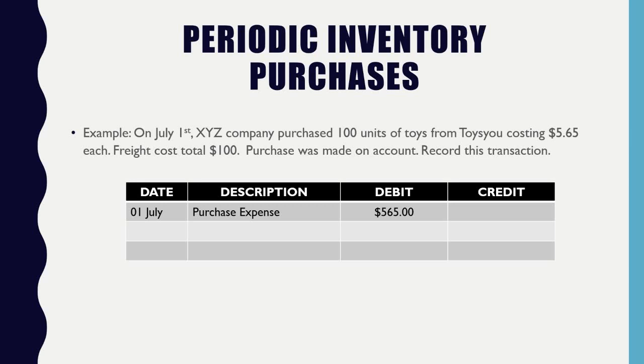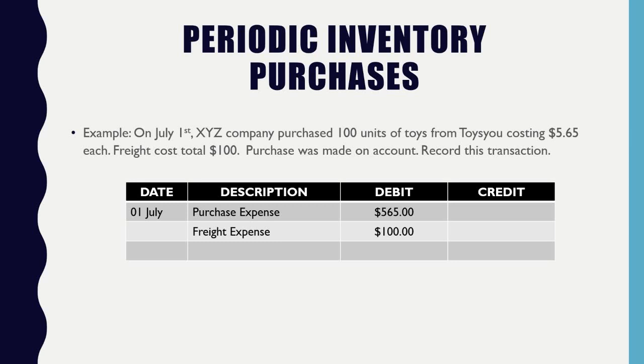So in this case, I can't write that I purchased 100 units in my debits and credits. I have to do it as a value, a total cost. So in this case, I spent $565 just to buy 100 toys at $5.65 each.